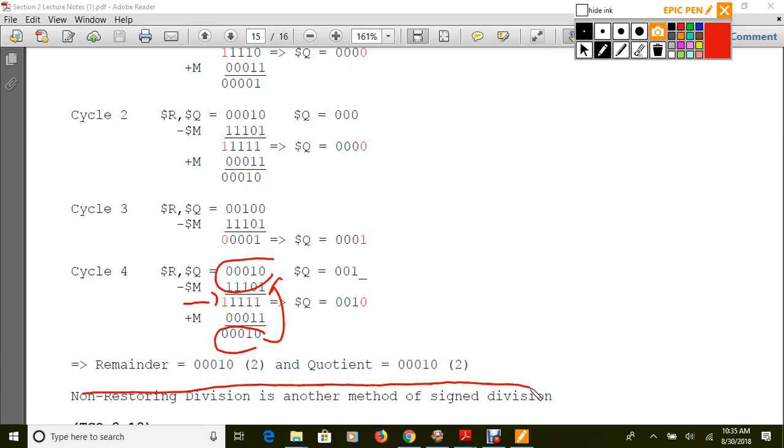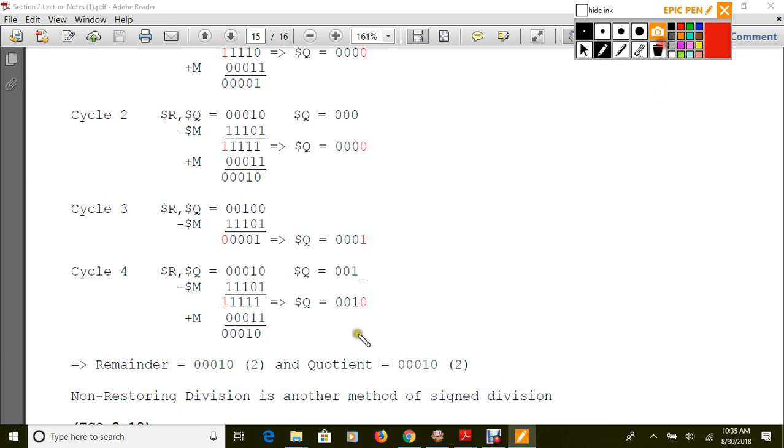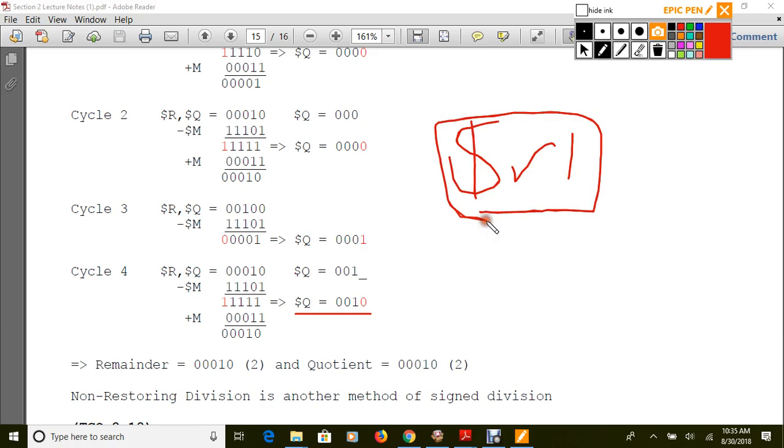Yes? So that $Q equal to 2 is the actual answer, and that 2 on the other is storing the remainder. Yeah, so $Q is the register containing the quotient. Remember when I was talking about instructions, I used this $S1 or R1. The $ sign indicates a register.